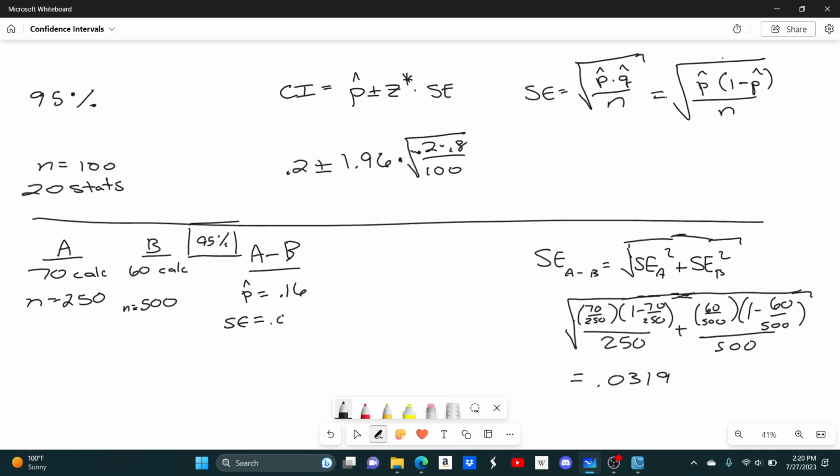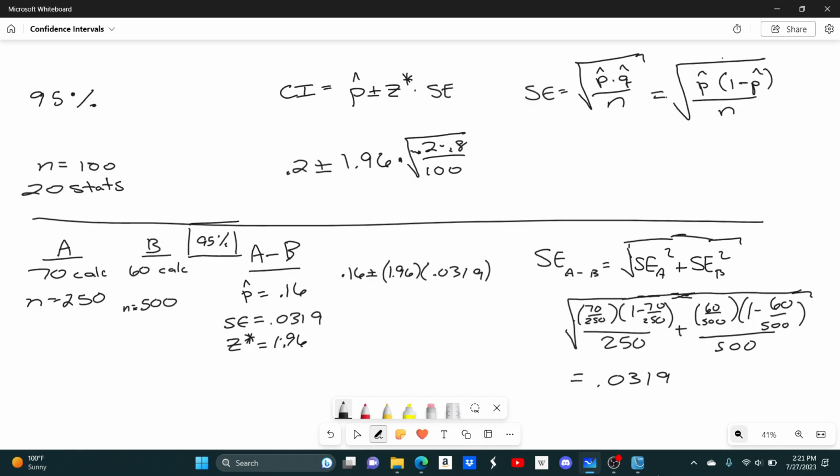We're doing 95% confidence, and we figured out from before that that means that our critical value is 1.96. So our confidence interval is 0.16 plus or minus our z value, which is 1.96, times our standard error, which is 0.0319.